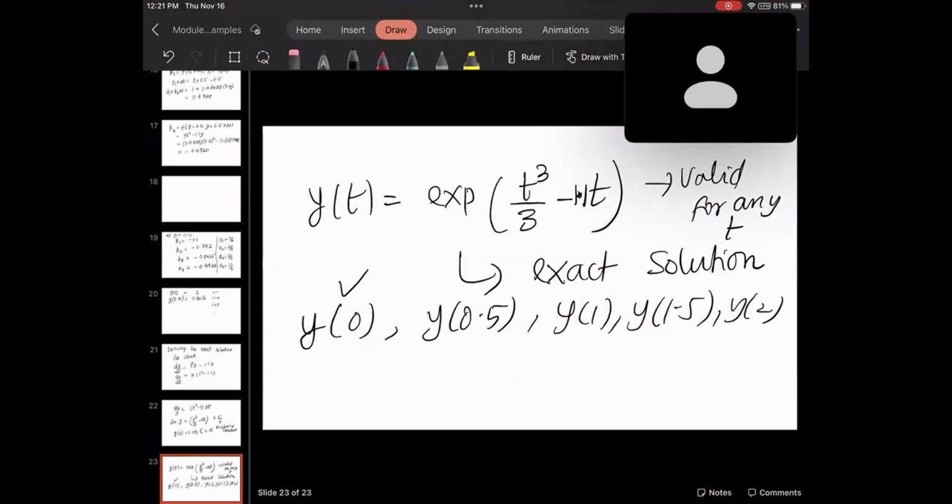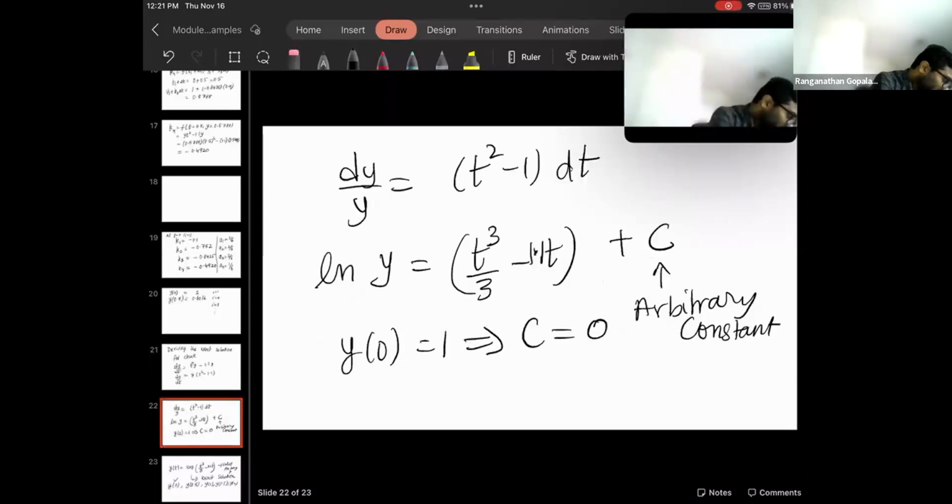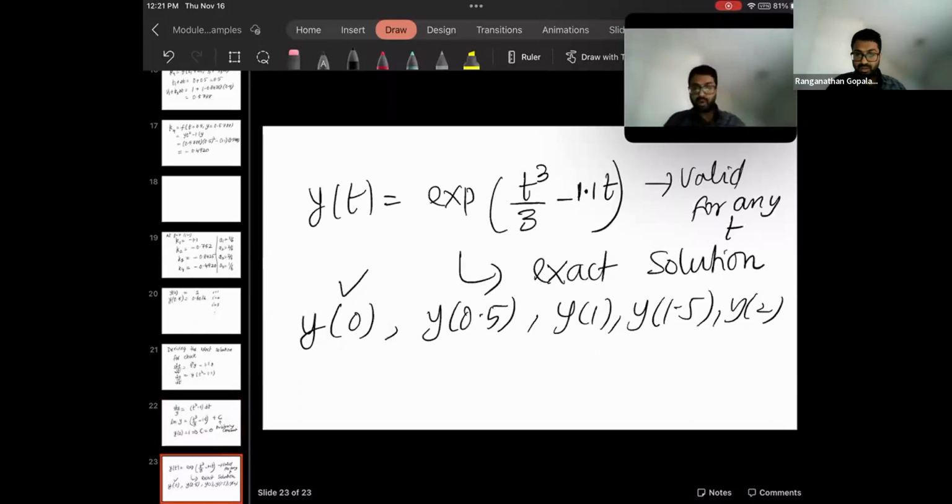That minus 1.1 times t. Yep. When I did my derivation the first time, I missed that. So let me make it clearer.